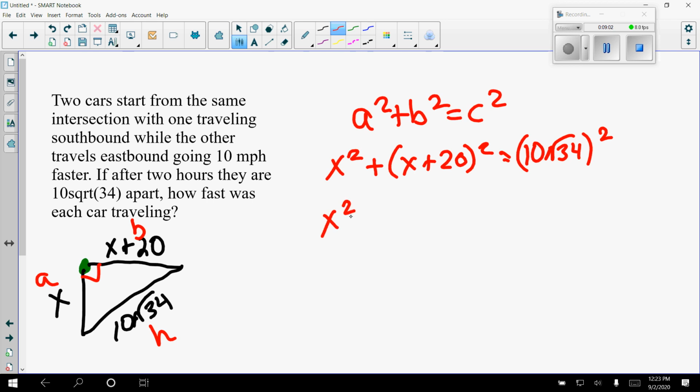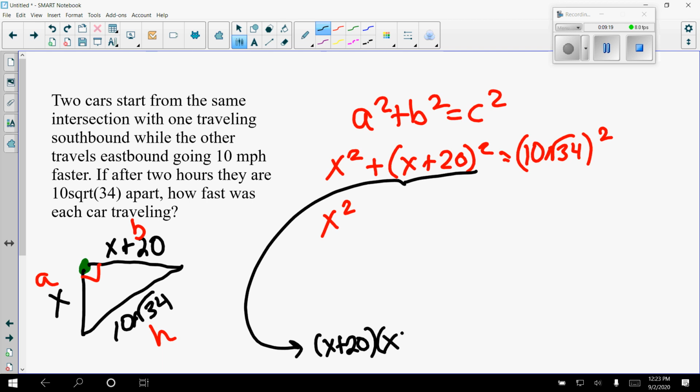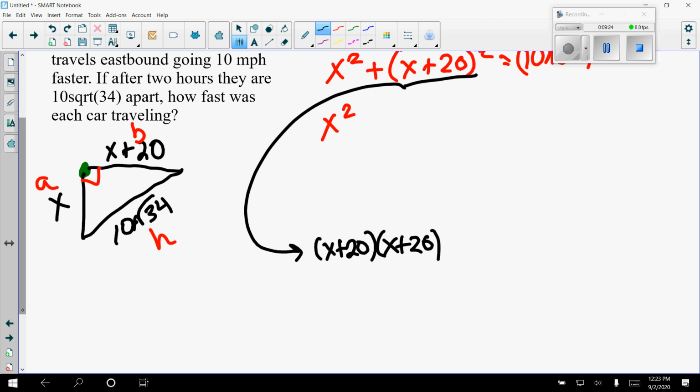Now, this is just x squared. But when we look at this, we need to do something called FOIL. I'm going to write this way down here. This is actually x plus 20 times x plus 20. Now, you should have learned this in Algebra 1, whether you remember or not, I don't know. So I got to do the FOIL method.